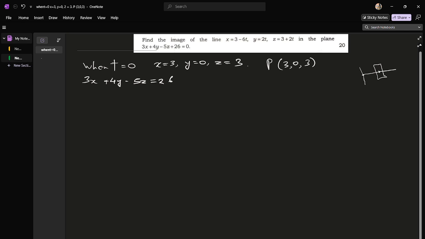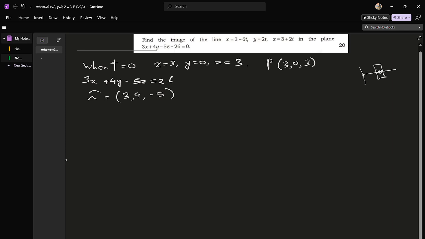So we have to find the normal vector of the plane, n cap, which can be derived from the coefficients of x, y, z. So the normal vector of the plane is (3, 4, minus 5). Now we have to find the foot of the perpendicular.